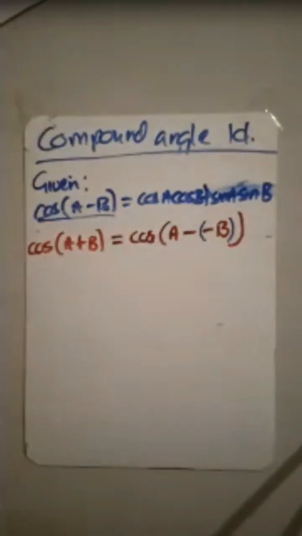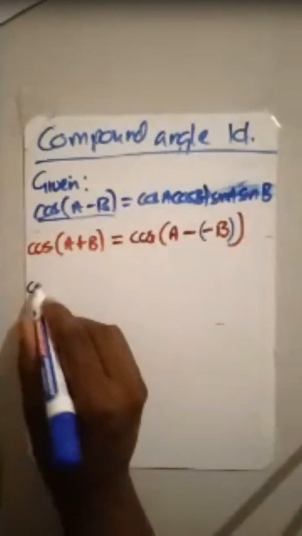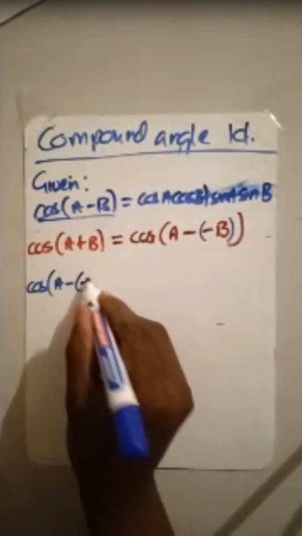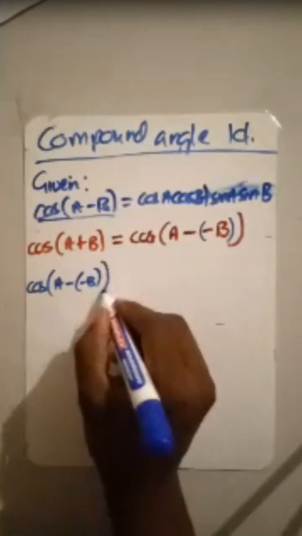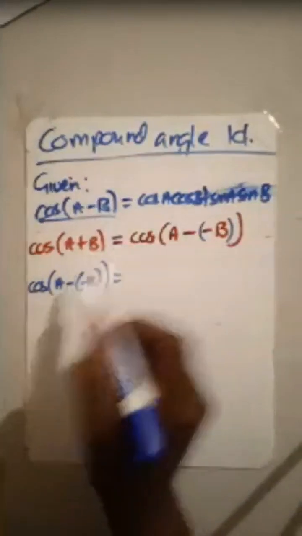Okay. So now using this identity, we now have cos(A minus the negative B), which is equal to, we are having a negative, so we are going to use this expansion.